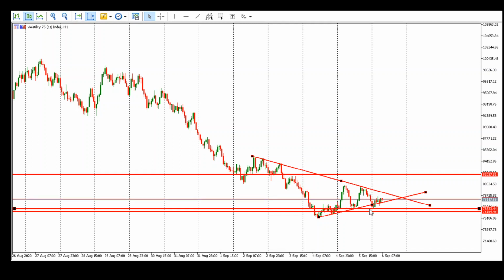This is an M pattern. This is the first leg, this is the second leg. If someone is selling here, he knows his TP is at the neckline region, and they have already reached the neckline.